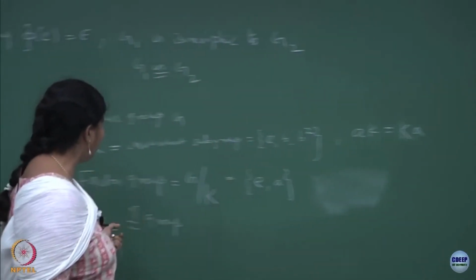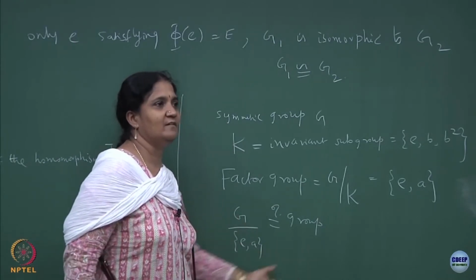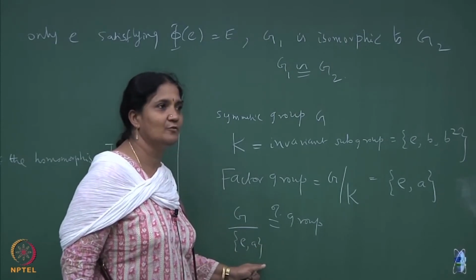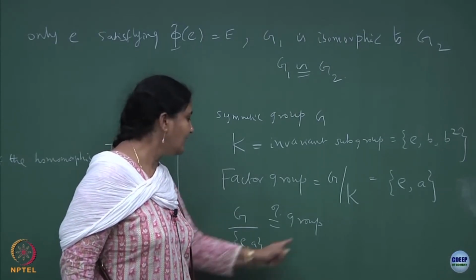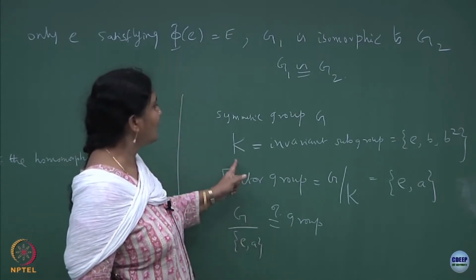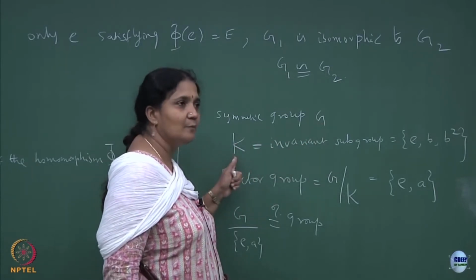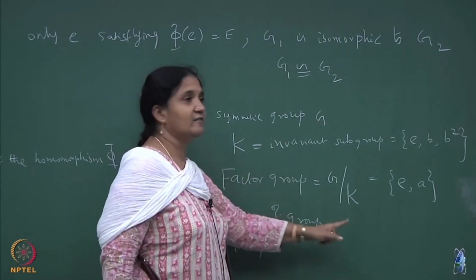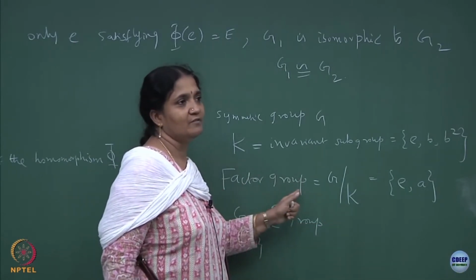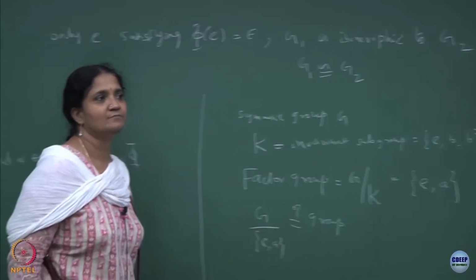So, that is why accidentally the G by EA turned out to be a group, there will be only two cosets for this group, and you find that it turns out to be also a group, but in general for an abstract group G, if you find only an invariant subgroup, the factor will be having the group properties. Okay. So, in this particular example it is satisfying this.